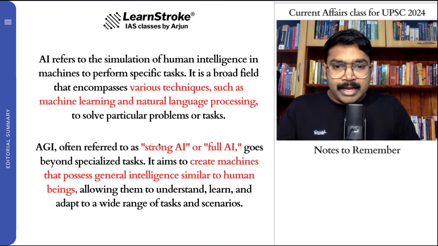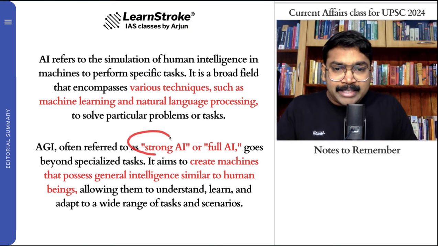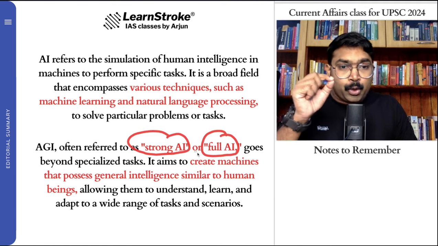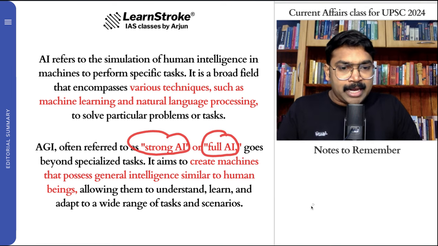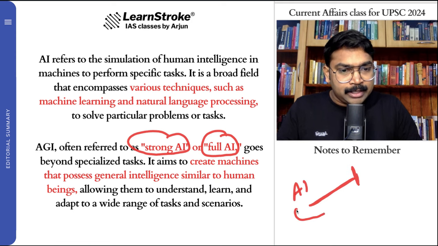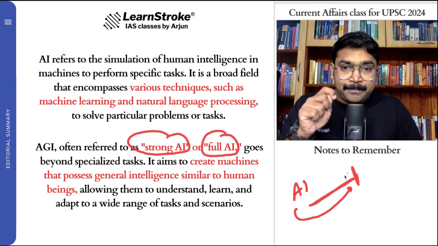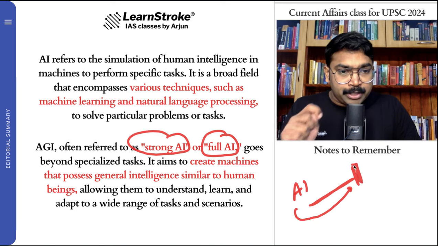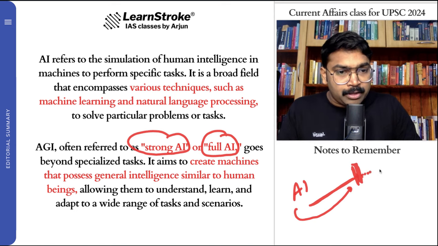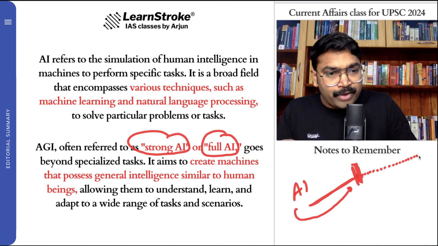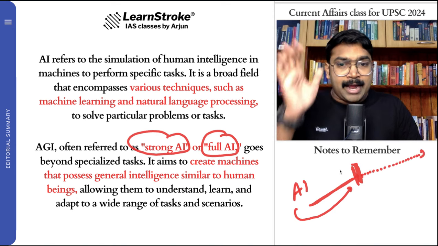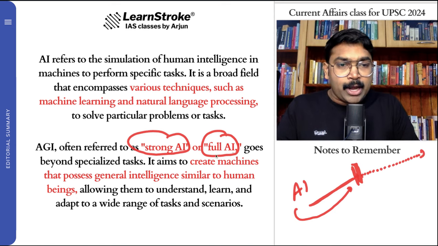It's a strong AI, or what is called full AI. Say, imagine that this is the normal limit, and AI can actually work until this. AGI goes beyond this point, and it can do functions beyond AI. That is why it's called strong AI or full AI.